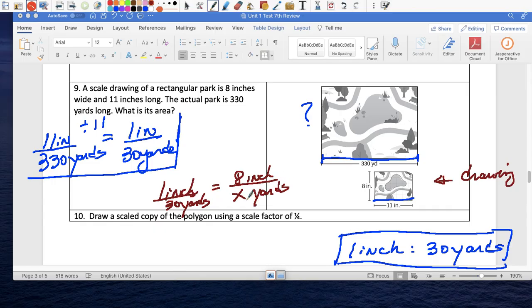Or x yards. Cross multiply, x times 1 is x, and 8 times 30 is 240 yards. So, back here, remove this guy, the question mark is gone, and I can say that in real life, this distance is 240 yards. Now that I have, so now this has 3 steps, right? In order to find the answer to this problem, it's 3 steps.